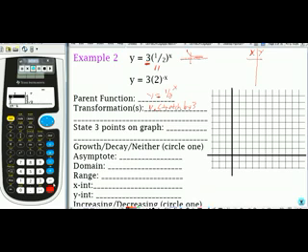Enter, enter. Alright. So I've got point (-1, 6). I have (0, 3). (1, 3/2). 3/2 is the same as 1.5. And I keep getting smaller and smaller fractions here. Okay. So I see (2, 0.75). I'll go ahead and write that one down.